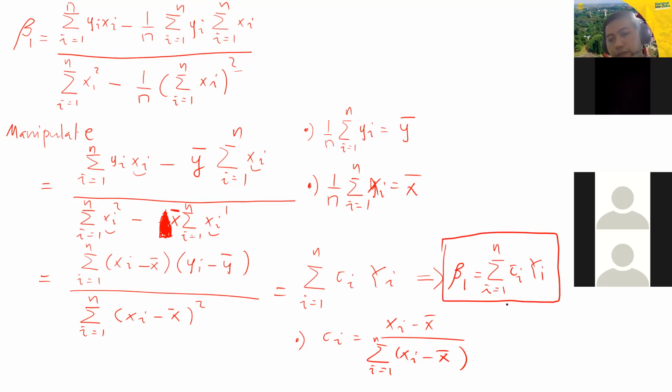You can see here from this expression that beta 1 is a random variable. Why can we call it a random variable? Because of random variable, beta 1 has a mean of beta 1 and standard deviation of beta 1.